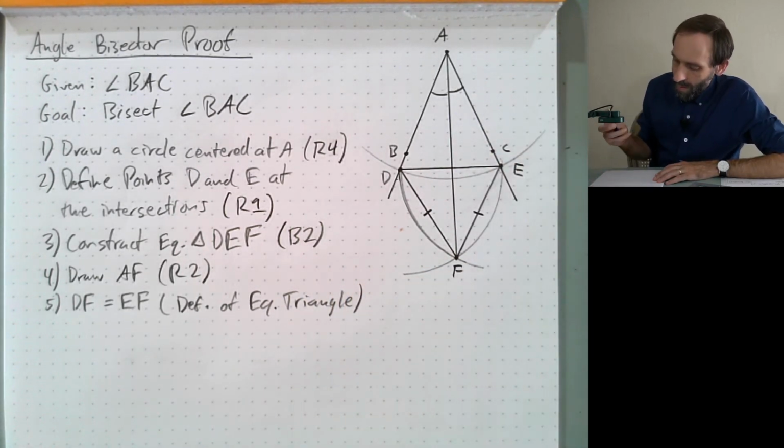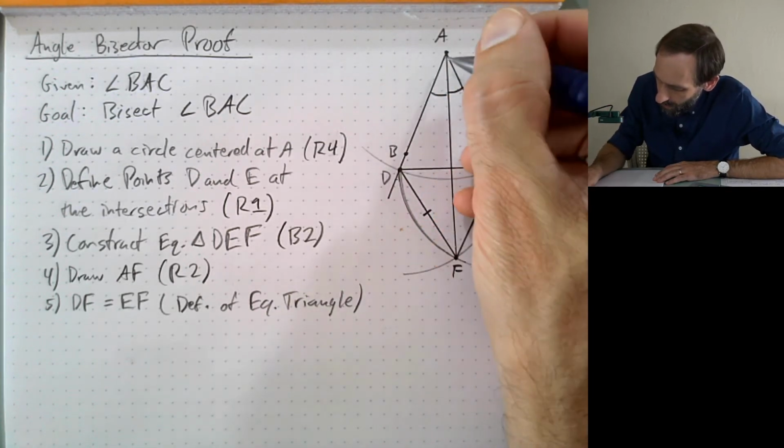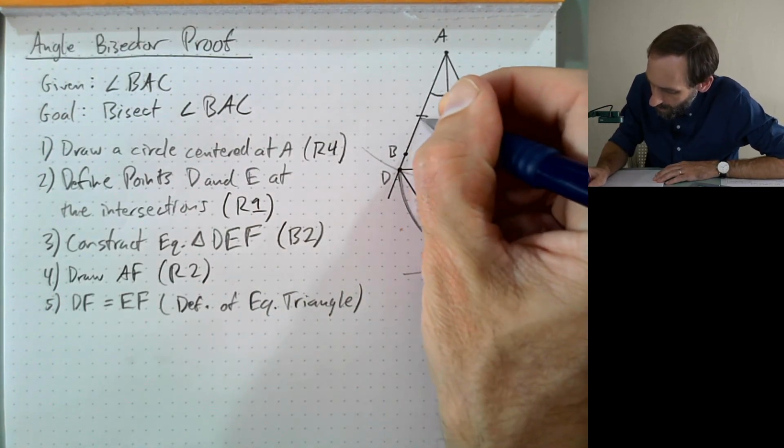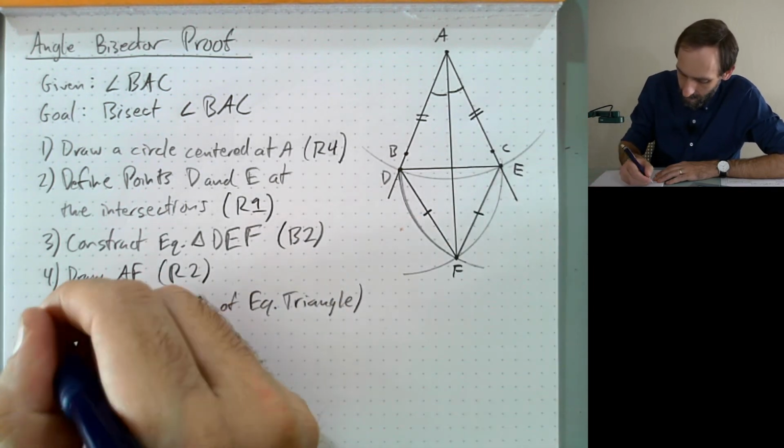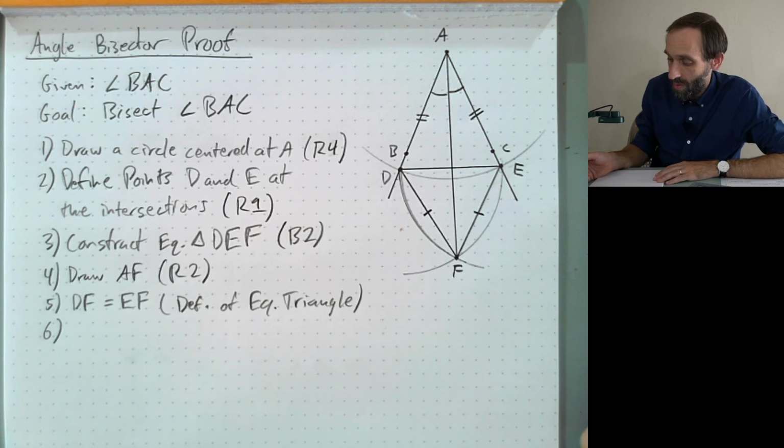Okay, now let's look at the diagram again. I notice that this length AD is equal to the length AE. And what is our justification for that?